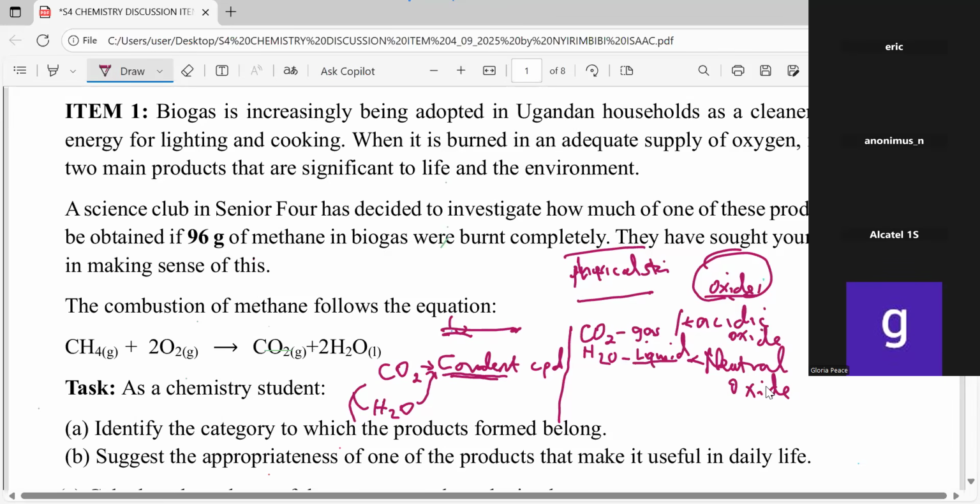Yes, it's true, it may not have any effect on litmus paper. But does it define what a neutral oxide is? Then, teacher, can I just say it's a neutral compound? No, actually, the word neutral oxide is very correct, but you're looking at the reason.